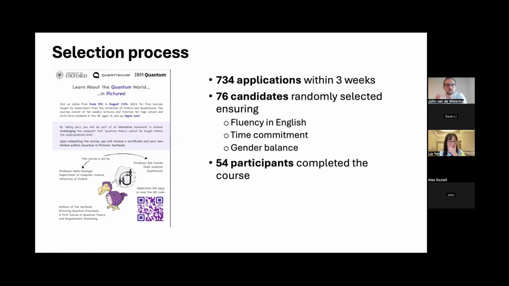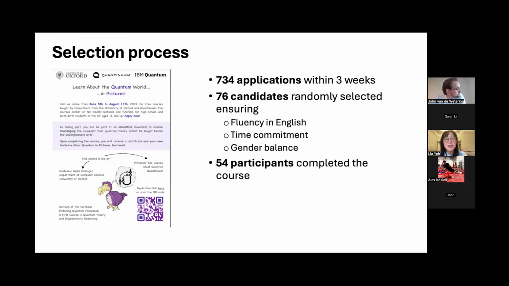Also, some quite long quantum computing courses currently available at the high school level usually have a tuition of a few hundred dollars, depending on how long the course is. So we made the course free.